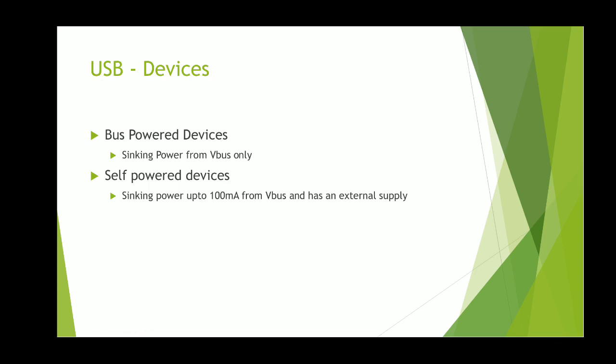And another type of devices is self-powered devices. These devices have an external power source, so they consume very few amperes or milliamperes of current from the V bus.